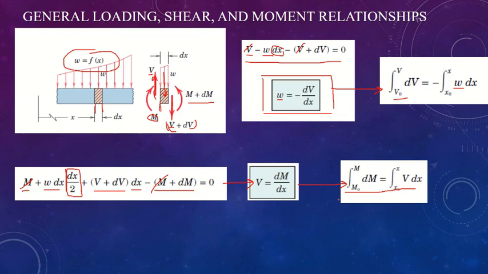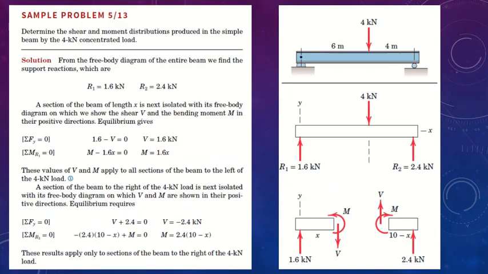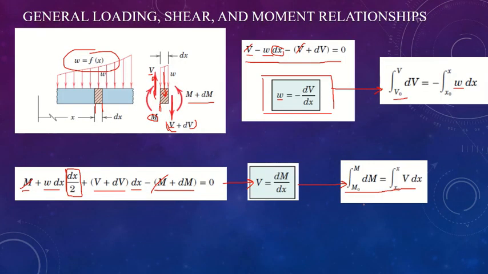Now when we are solving these things, you must remember, when we have w, that is weight or load distribution per unit length, it is just a function of x. So w is a function of x, and this is a first order equation. V is a function of w times x, so V will have an order of x squared.